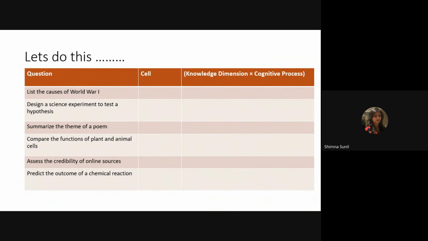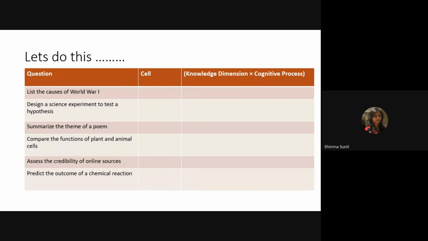Imagine these are some of the questions that we have to deal with in the class. For example, the first one is list the causes of World War I. Let us go one by one. Which cell do you think this particular knowledge dimension will fall in?